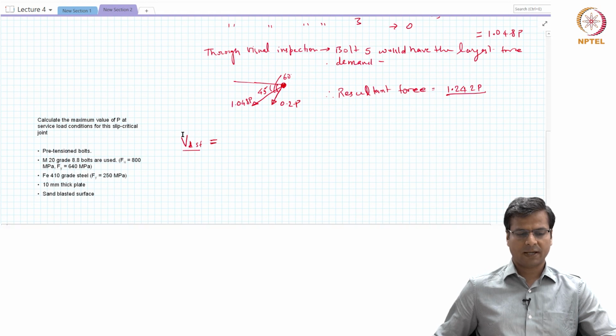D stands for design, S stands for slip, and F stands for friction. The expression here was mu F multiplied by Ne multiplied by Kh multiplied by F0 divided by gamma Mb.